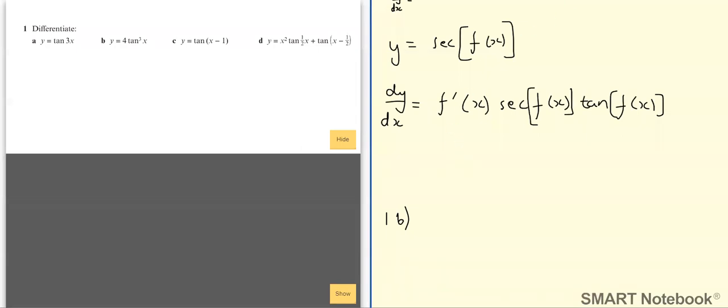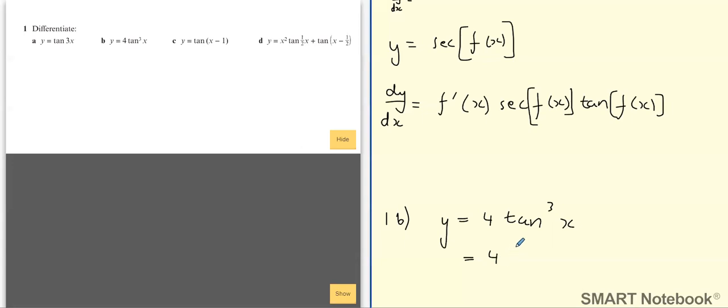Anything that has powers, what do you think you need to do? With trig and powers, you need to write it in index form. So that looks like a funny 4. 4 tan cubed x is better written as 4, only the tan is cubed.